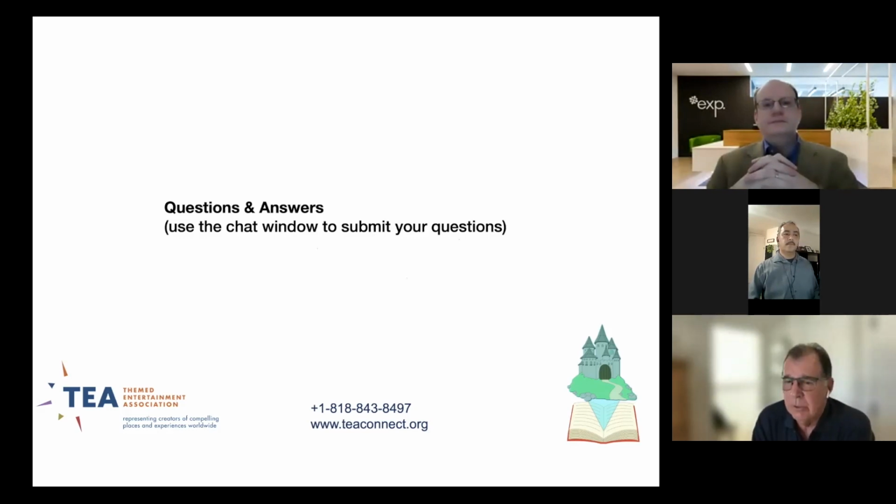And from that, you can turn it into a length of queue. And then you get into the actual design. Some of the rules we were taught early on by people that had far more experience than us is that you never want to surprise people if at all possible. So don't hide the queue. Let them see as much of it as possible when they get in, so they know what they're in for.